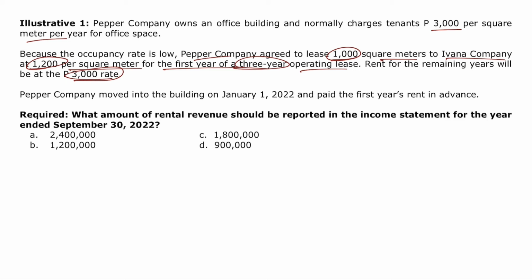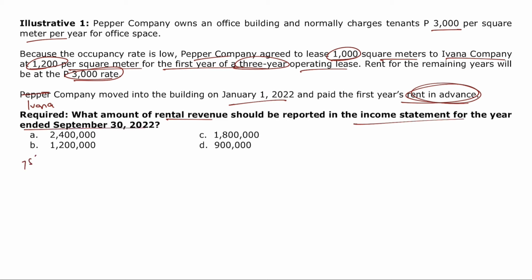Next, sabi ng problem, Pepper Company moved into the building. Should I say Ivana? Kasi si Ivana yung nag-upa dito eh. So, Ivana Company moved into the building on January 1, 2022 and paid the first year rent in advance. So, the requirement here is the amount of rental revenue that should be reported in the income statement for the year ended December 30, 2022.